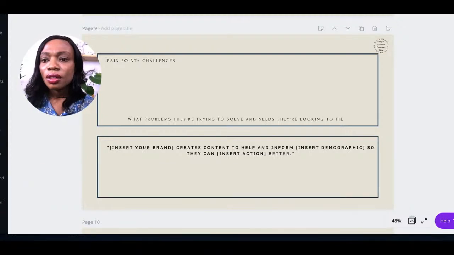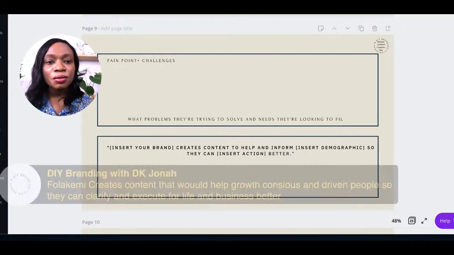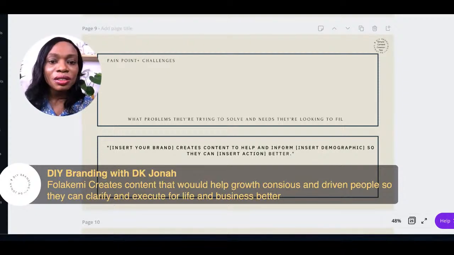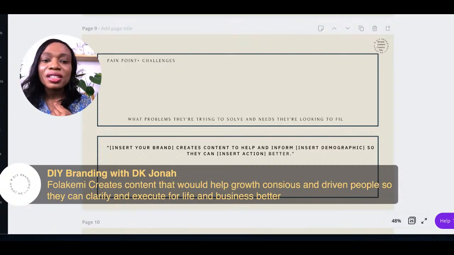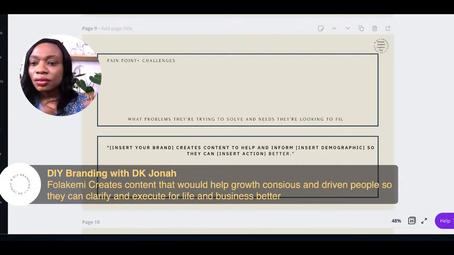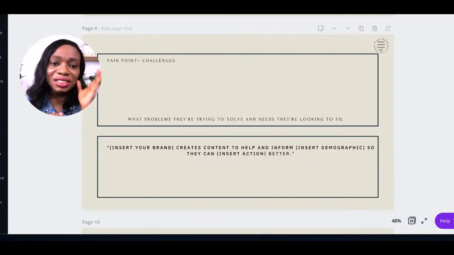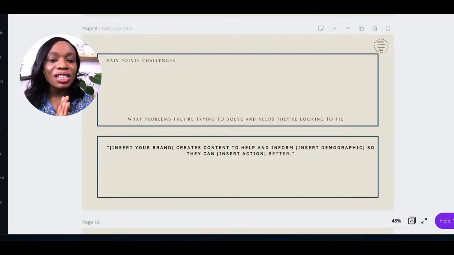Folakemi creates content that will help growth conscious and driven people so they can clarify and execute for life and business better. I think I should have said life and business better, but that's what she does. Now that she knows what she does and you have a vision statement, I mean a content statement, always have that at the back of your mind when you are creating content.